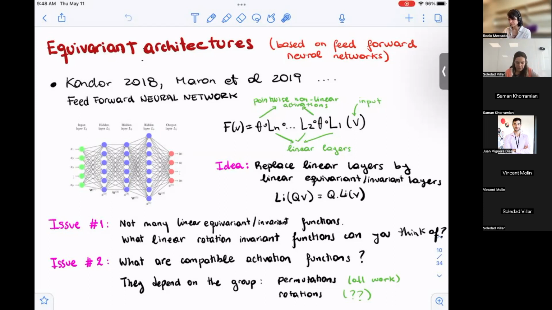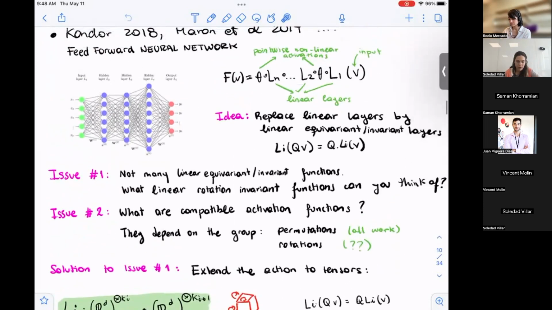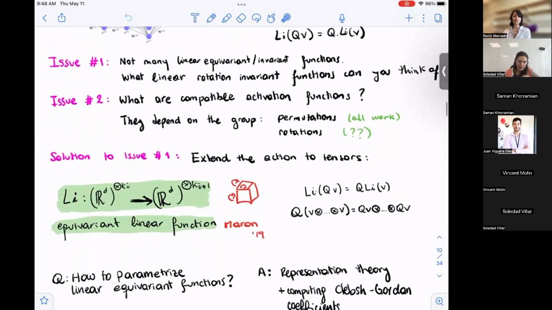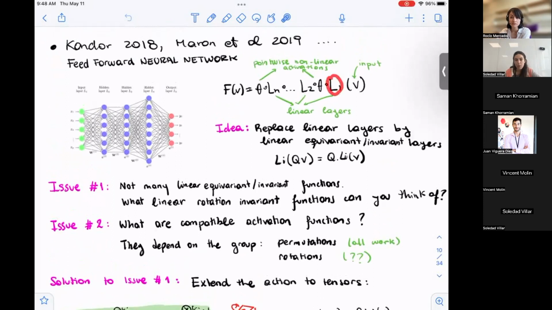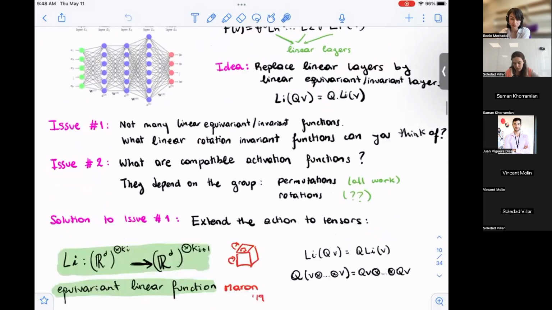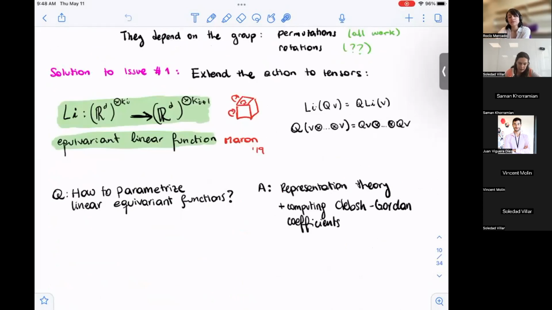So the way they solve this issue is by extending this architecture. Instead of just working on vector inputs, they extend it to tensors. So the idea is that now, instead of taking a vector input, I'm going to take a tensor R^d to the k.